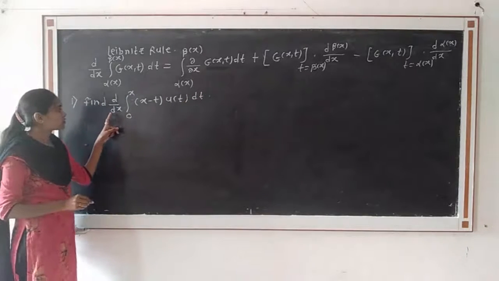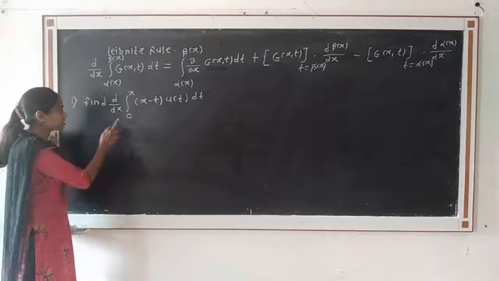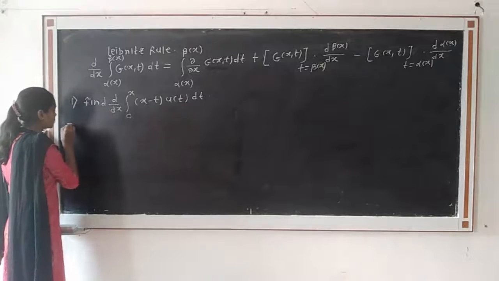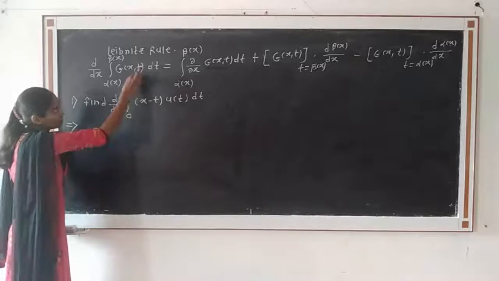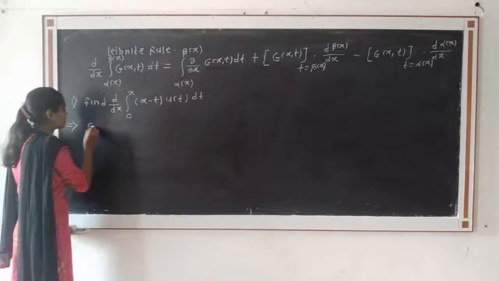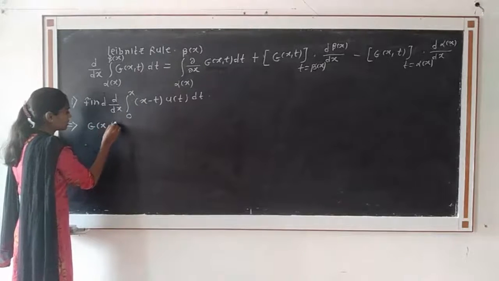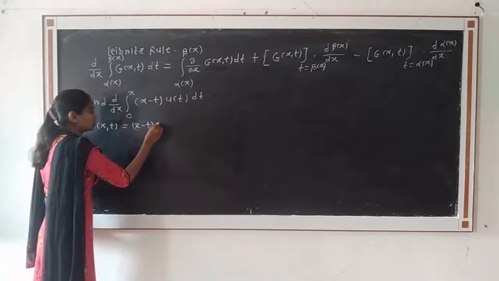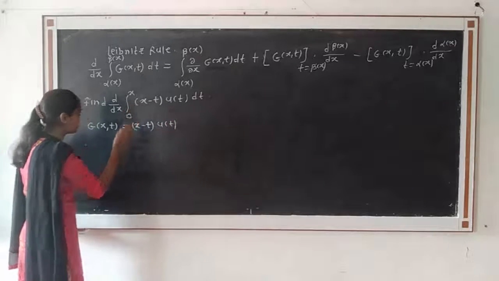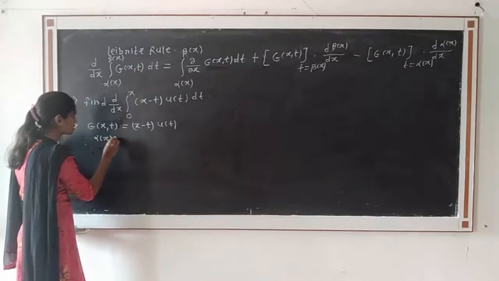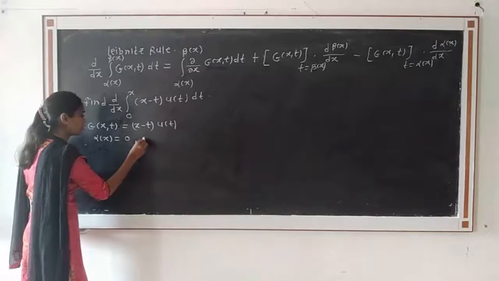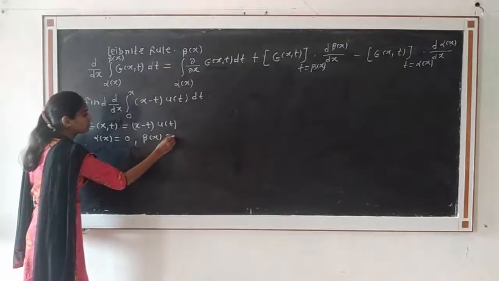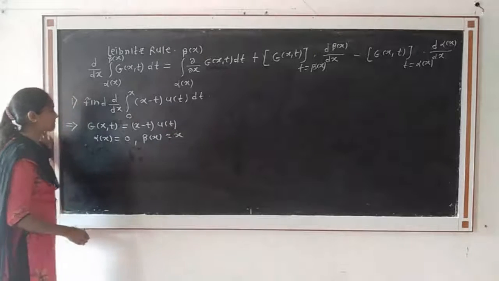Here we have to differentiate this integral with respect to x, so we use the Leibniz rule. First we write the function: g of x,t is equal to (x minus t) into u of t. Then the limits are alpha of x equal to 0, and beta of x equal to x.